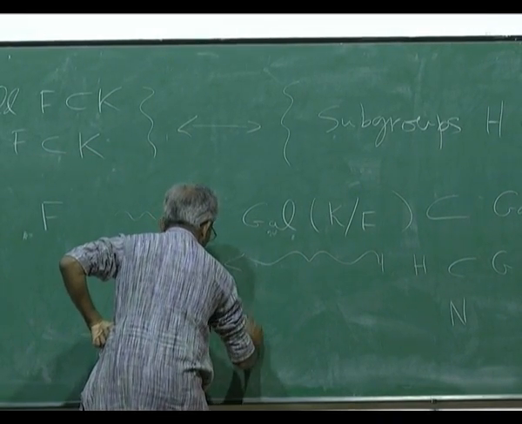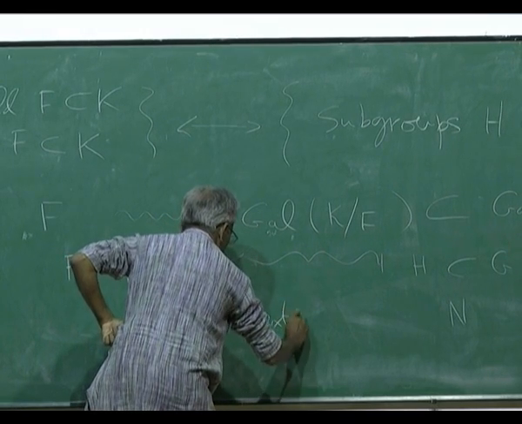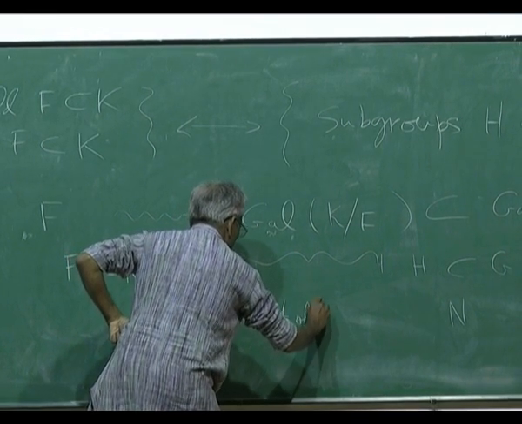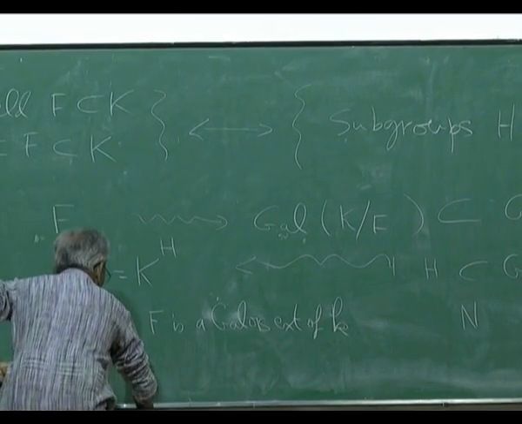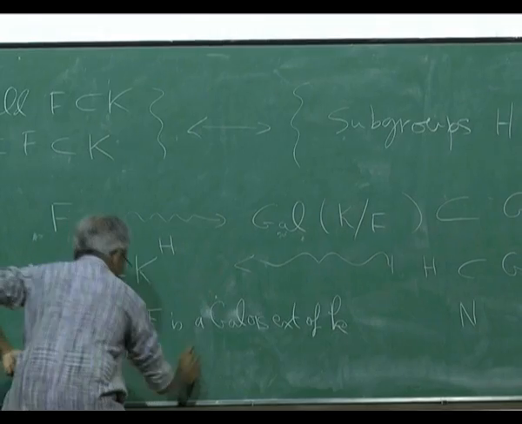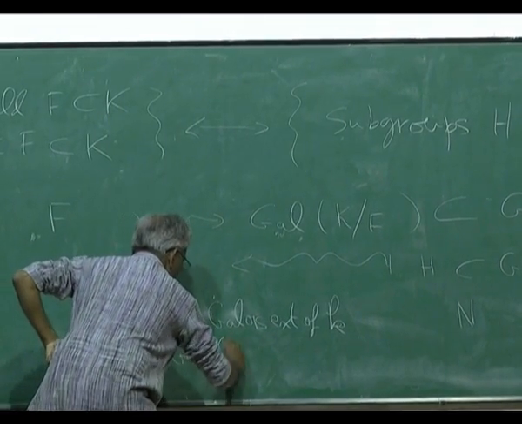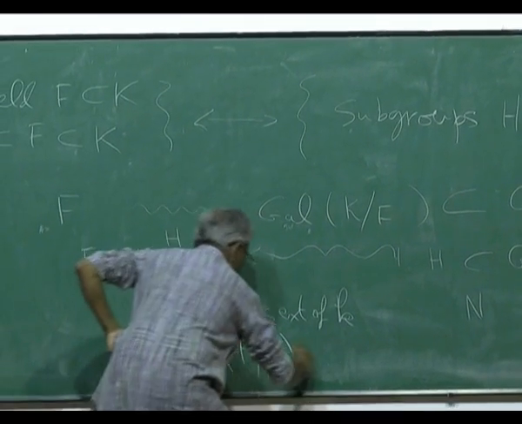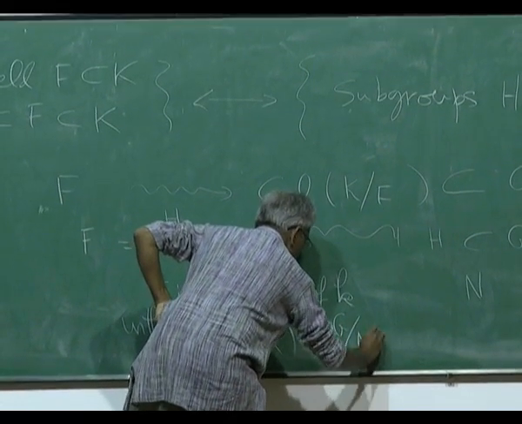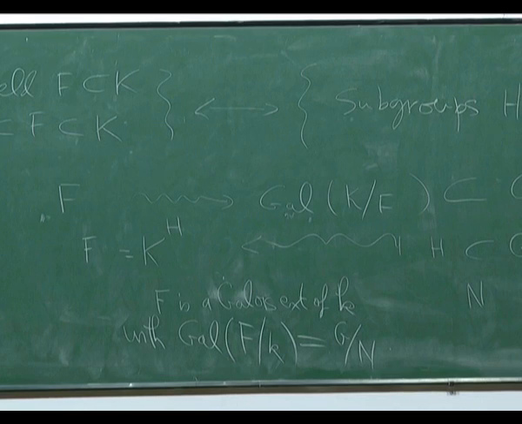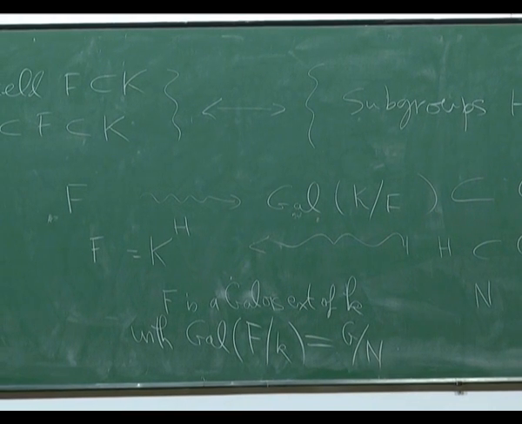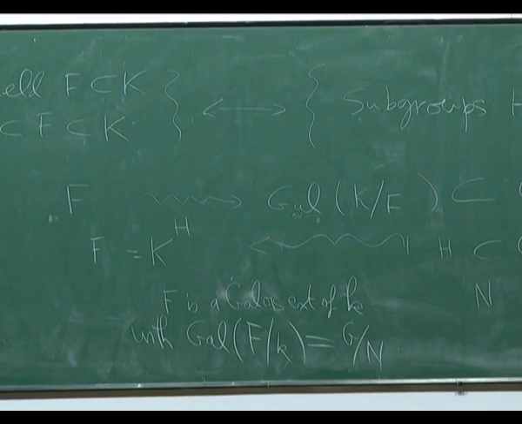Let me write this as Galois extension of small k with Galois group Gal(F over k) being equal to G mod N. You can say, so this is a basic theorem.